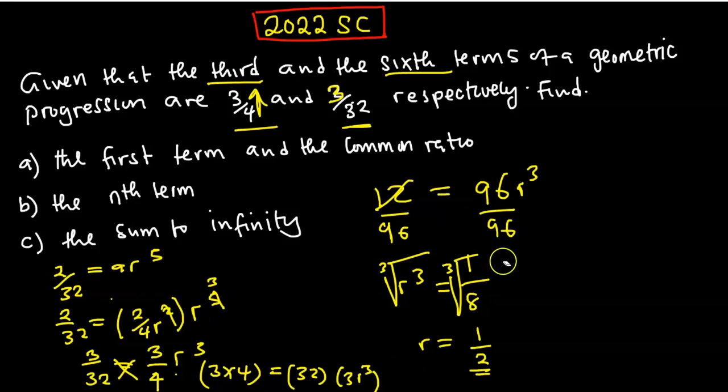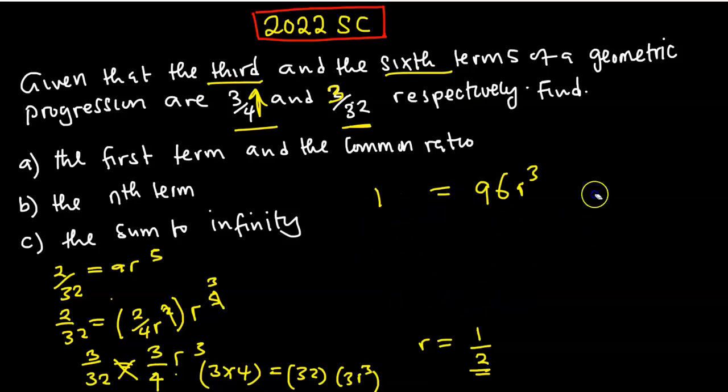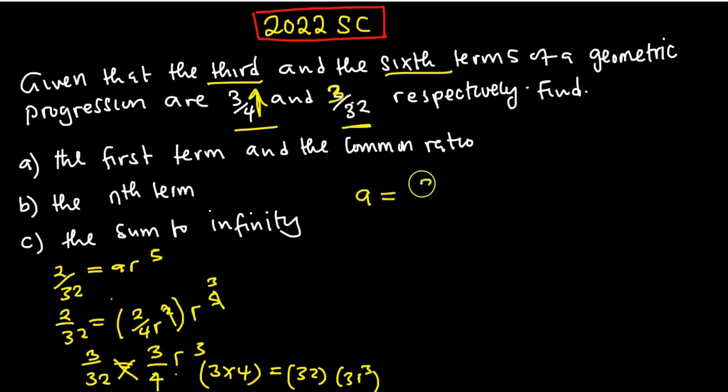So this question is to find the common ratio and the first term. We found just the common ratio, that is r. Now we are going to go to the first part that we made the subject. What was the first part? We said a is equal to 3 over 4r squared. Yes, r squared.